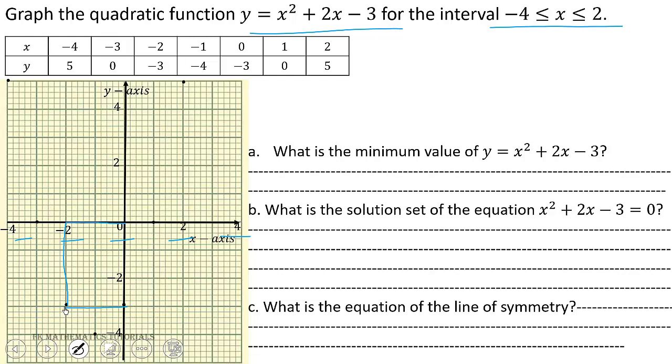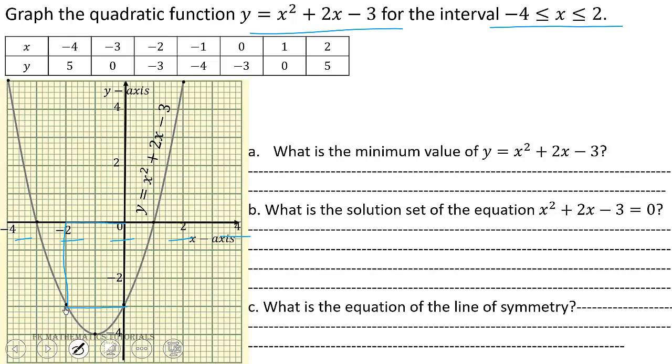Now after plotting all the points, you have to draw a smooth parabola through all the points. Good. You can label it. This is the graph of y equal x squared plus 2x minus 3.